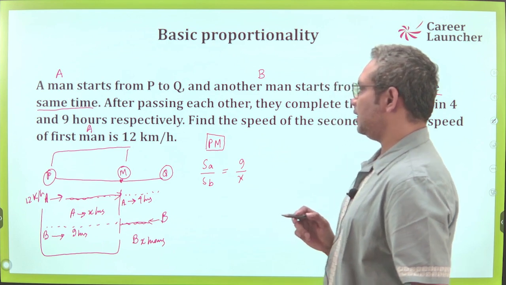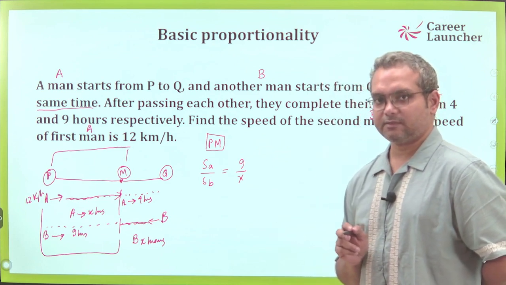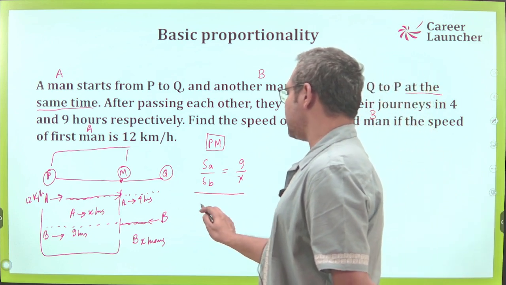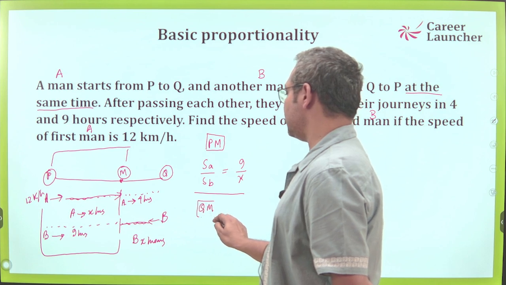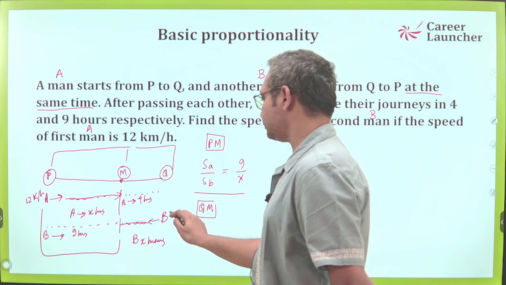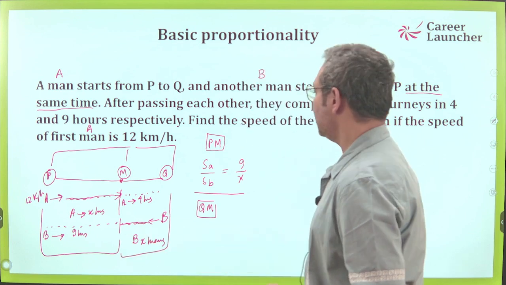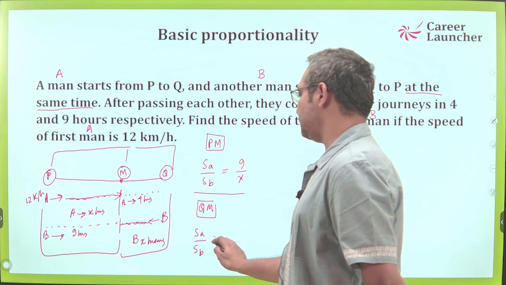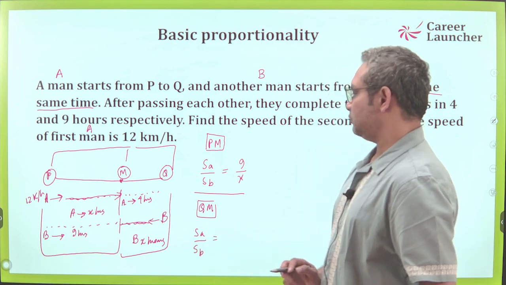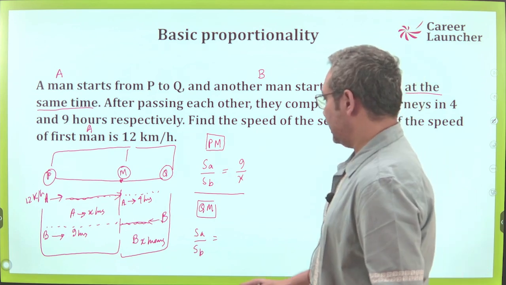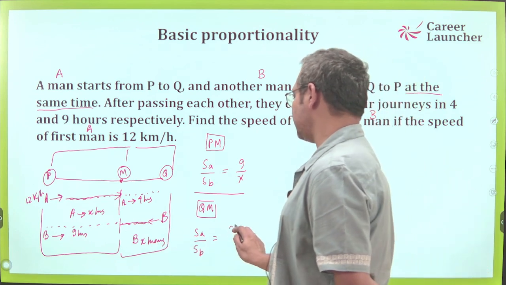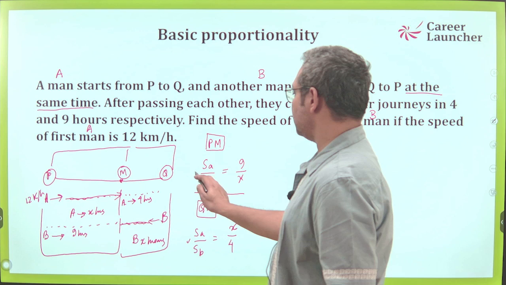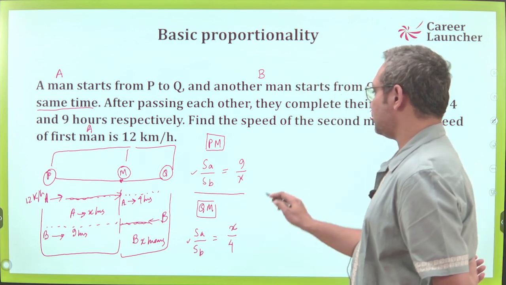So speed of A by speed of B is 9 over X. If I look at the other distance QM this time, now the right side, this part, then speed of A by speed of B, because they have not changed their speeds, the speed ratio will be the reverse of the time ratio. In this case B's time is X hours and A's time is 4 hours. So the same ratio, once is 9 over X, once is X over 4.